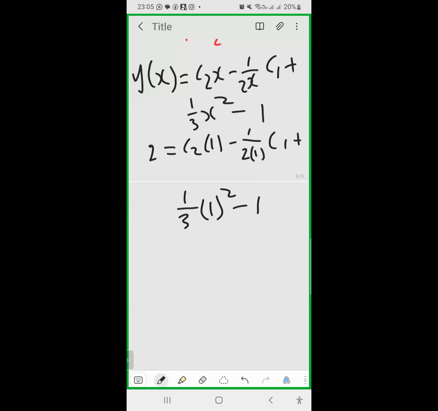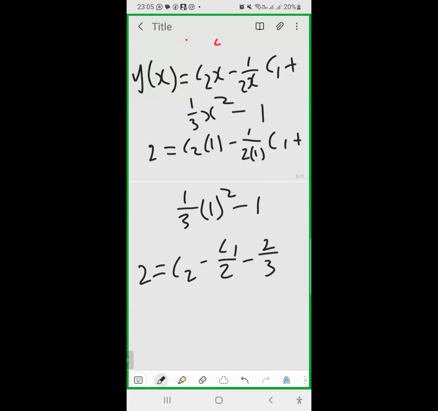We're going to have 2 equals c2 minus c1 over 2, and then we have 1 over 3 into 1 squared minus 1. So this is minus 2 over 3. Therefore, 2 plus 2 over 3 is 8 over 3.